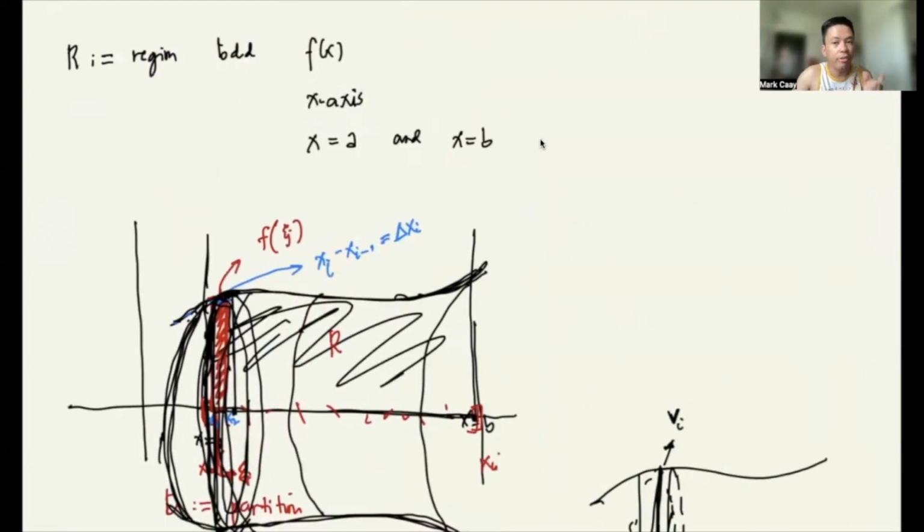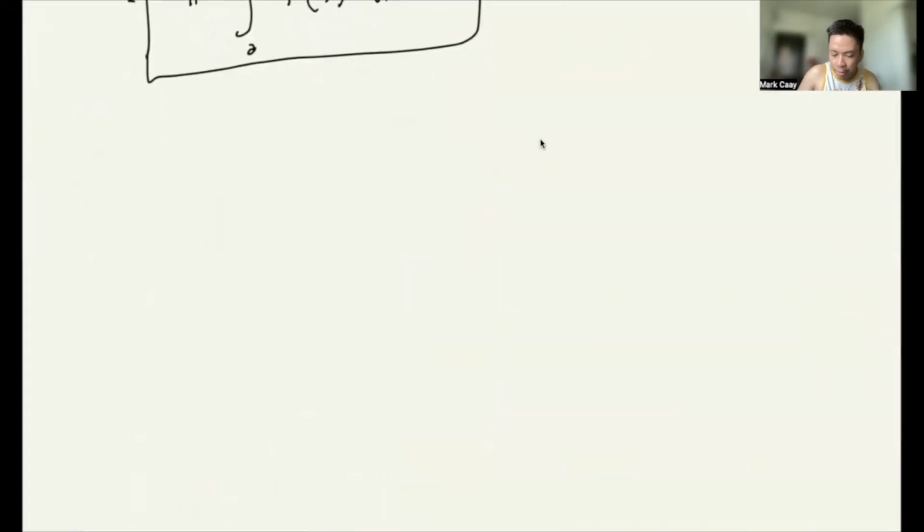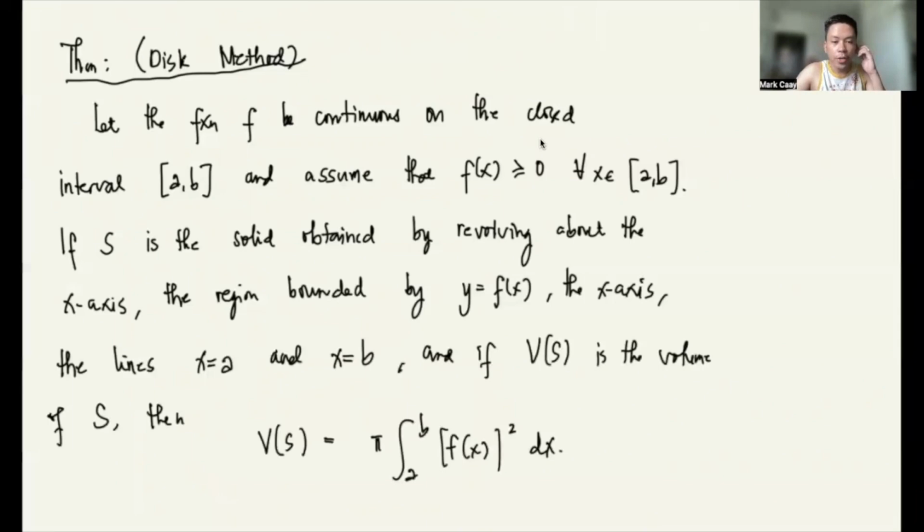In the case of having a region bounded by f of x, the x-axis, bounded by a, b, and it's generated on that. So, to formalize this, I will introduce you now the theorem. And this theorem is used for this specific case in solving the volume of the solid of revolution. Okay. So here is now the theorem. So let the function f be continuous on the closed interval ab.